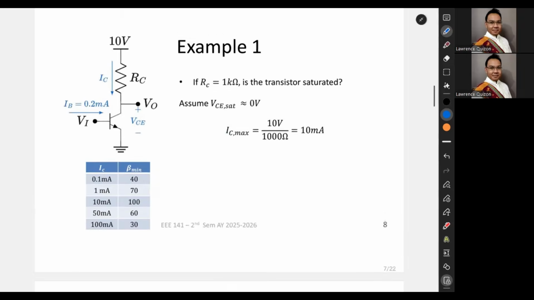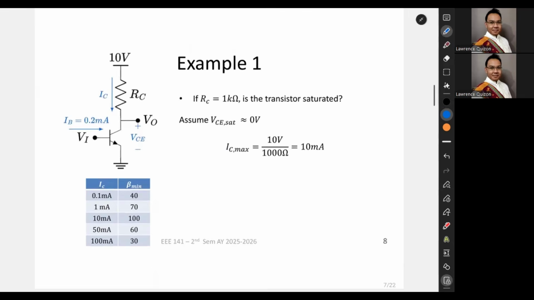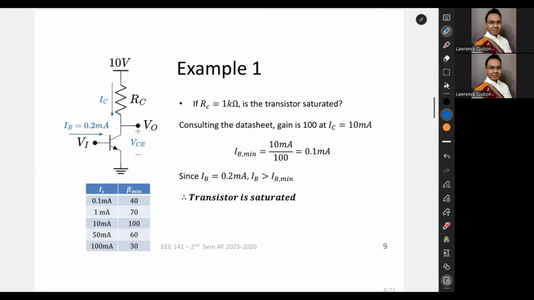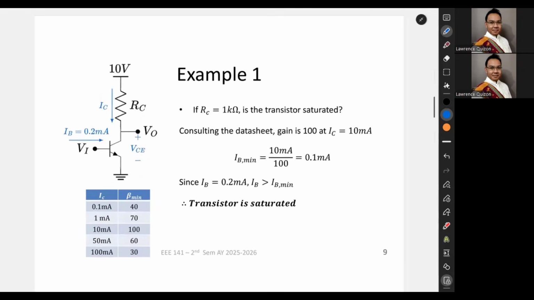Okay? So, for the first example, if RC equals 1 kilo ohm, is the transistor saturated? Here, we intend the BJT to be used as a switch, which is actually a very common use case. We assume that VCE sat is 0 volts, and we find that IC max would be equal to 10 minus 0 divided by RC, which is about 10 milliamps. All right? So we found that IC equals 10 milliamps.